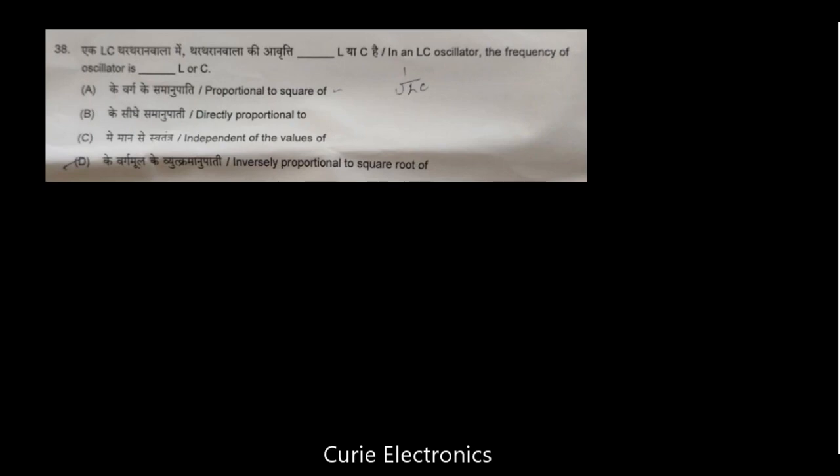In an LC oscillator, the frequency of oscillation is dash L or C. LC oscillator frequency is given by 1 upon 2 pi root LC. So L and C are inversely related and inside the square root. So option D is the right answer.